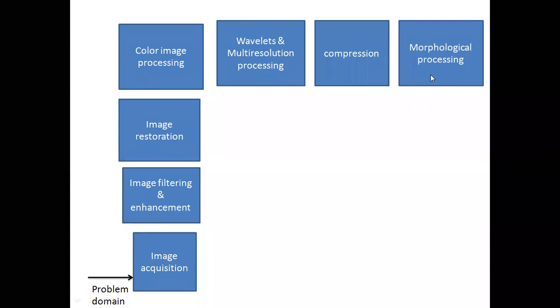Then the next is segmentation. Segmentation is nothing but dividing the image into different segments. For example, if you need to find the license plate of a car, you'll take the photo of the car and find the license plate number.